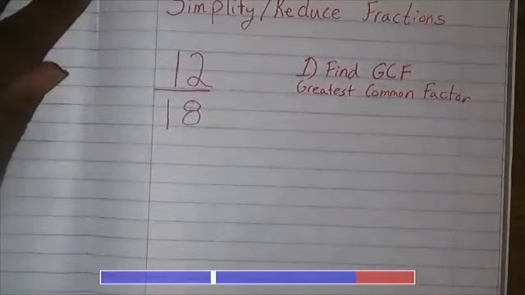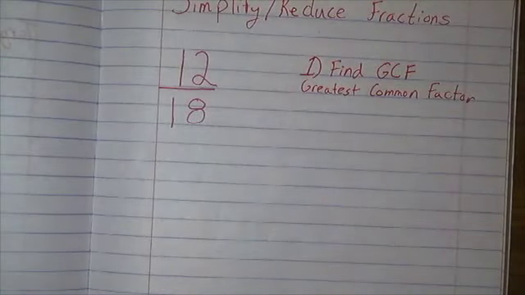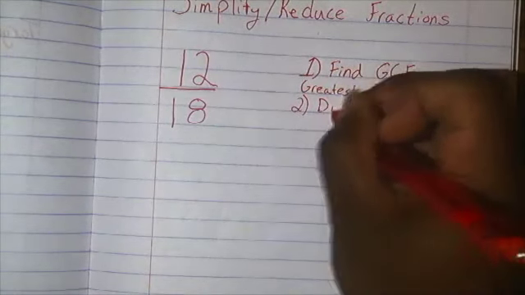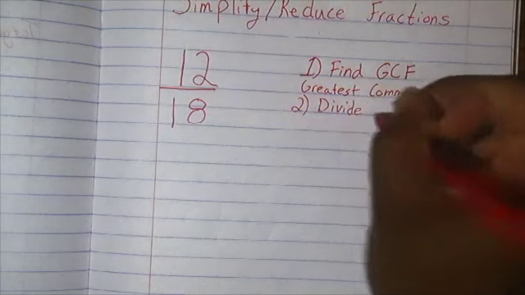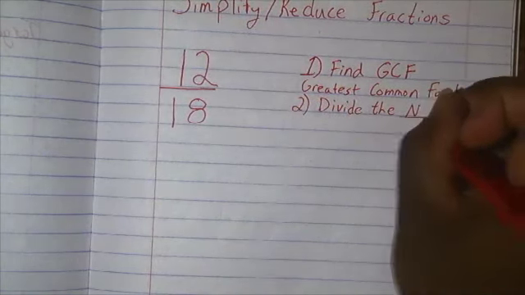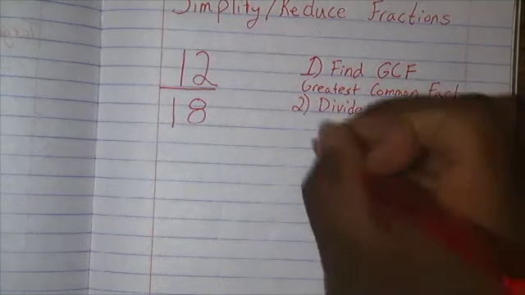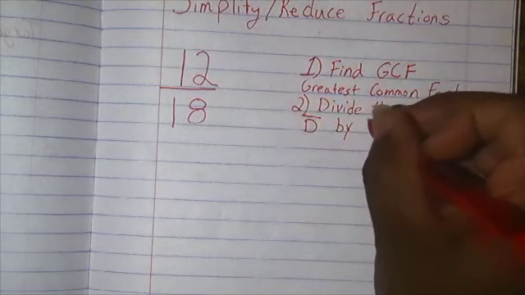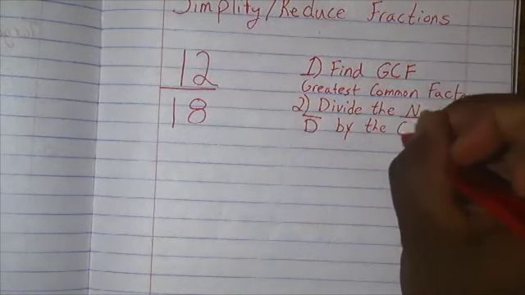Okay, so we need to find the greatest common factor, but also after I do that, I want to then divide the numerator and denominator by the GCF.